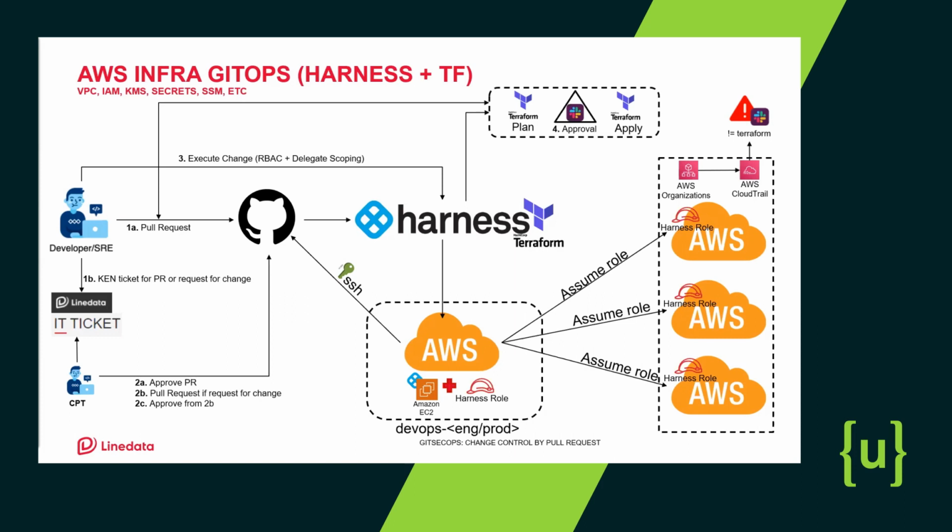So in your code, you'll have a target account and the Harness delegate, which is executing these changes, which lives in the DevOps account, is then going to assume a role that is predefined and existent in the target account and execute on the change that you requested.